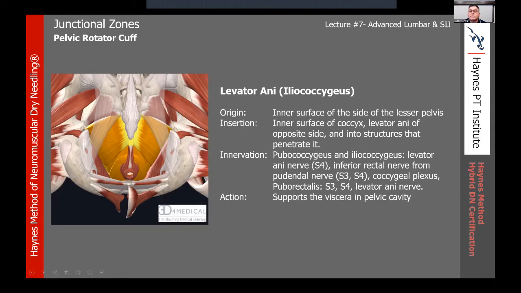Its origin, inner surface of the side of the lesser pelvis, and it inserts in the inner surface of the coccyx, the levator ani of the opposite side, and the structures that penetrate it. Its action also supporting the viscera in the pelvic cavity. So this forms a large piece of the pelvic floor. And so it likewise can be needled very superficially right off of the coccyx.